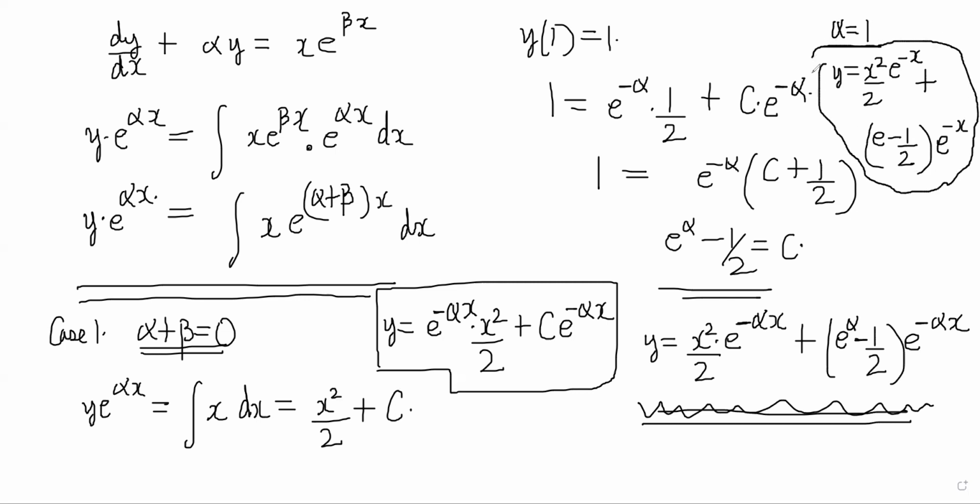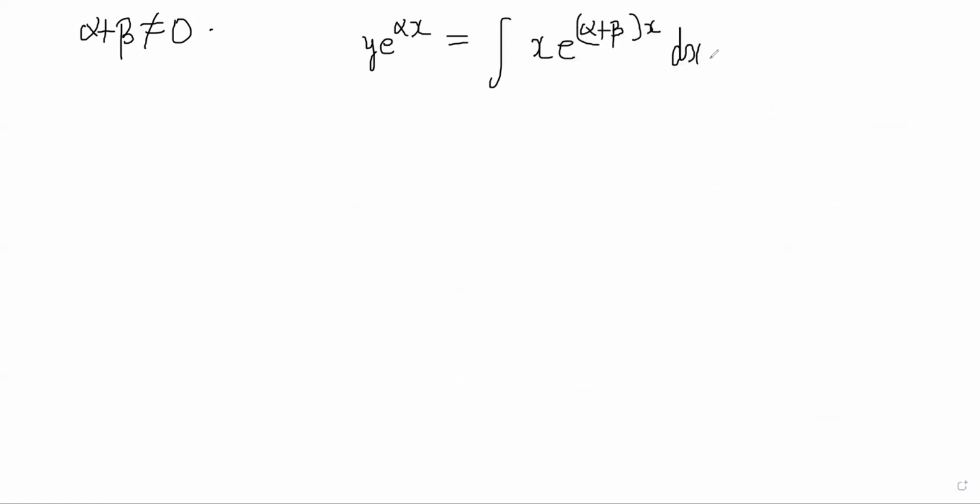If you see the previous screen, this was option 1. So we get option 1 from here, and this was coming under case 1 where α + β was equal to 0. Now we solve the other case where α + β is not equal to 0. Basically we have to solve this equation: y e^(αx) is equal to the integral of x e^((α+β)x) dx.